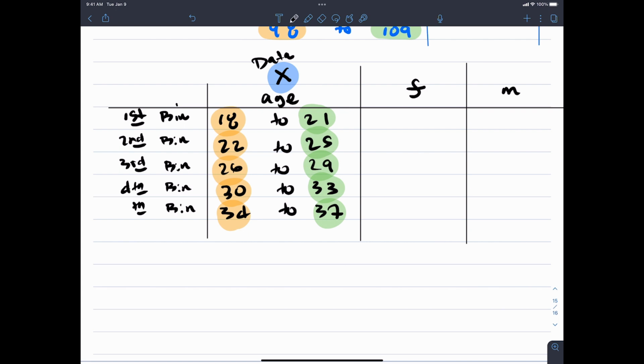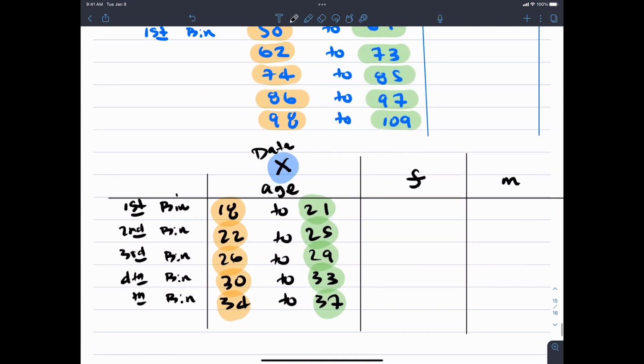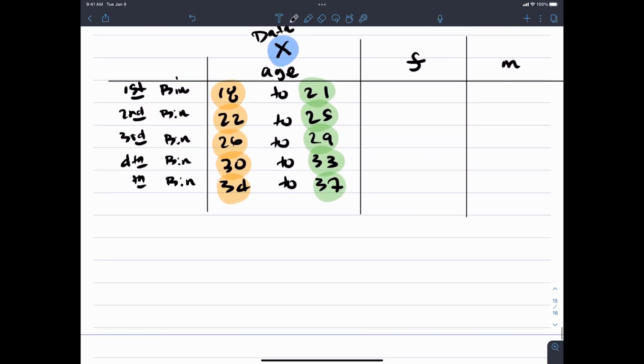What do you guys have? What's your frequencies? 13, 6, 4, 3, 4. Okay.